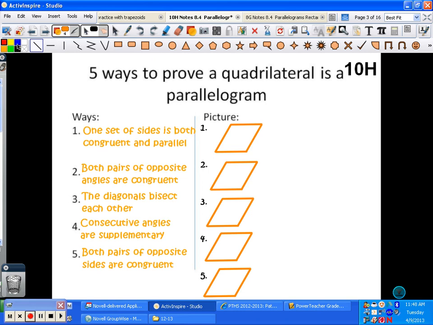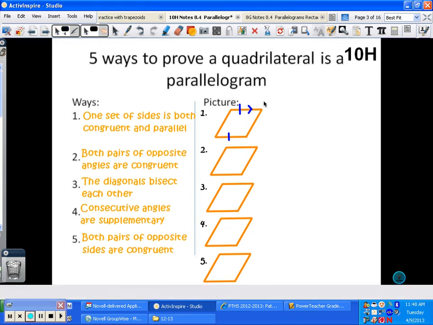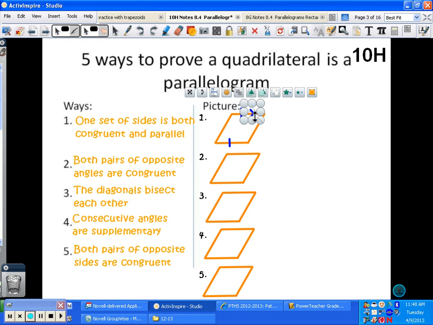For that to be true, if this is congruent to this, let's make this a different color so you can see it, and parallel, then that is a parallelogram.